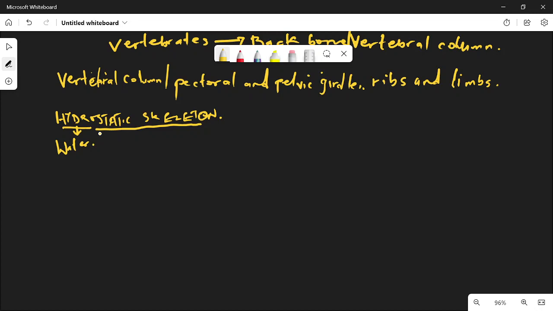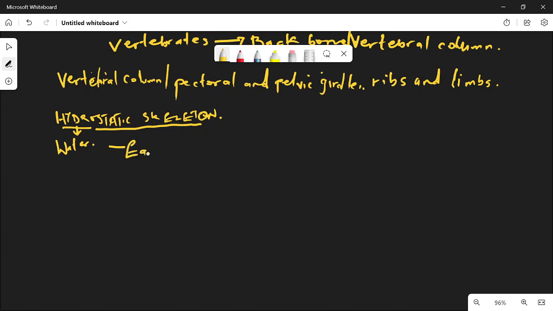So here we're talking about the type of skeleton that has a fluid component or a fluid medium in it. So this is the type of skeleton that we see in some organisms with fluid or pressured fluid, and that is what you find in organisms like the platyhelminthes, the worms.